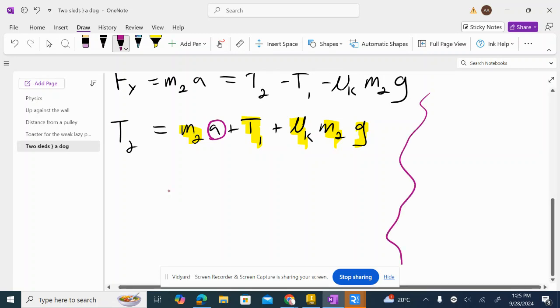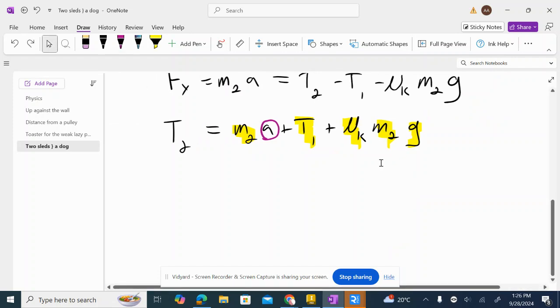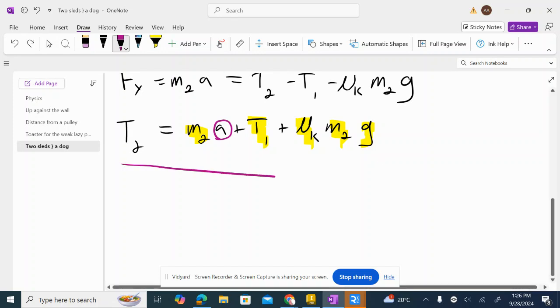We're going to do the summation of Fx, which is equal to M1a. I don't have enough space, so I'm going to do it below this. Okay, we have the summation of Fx, which also equals M1a.